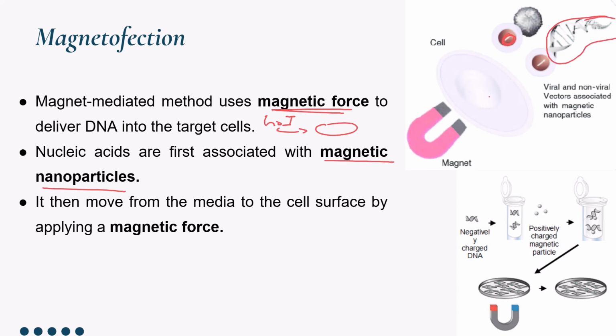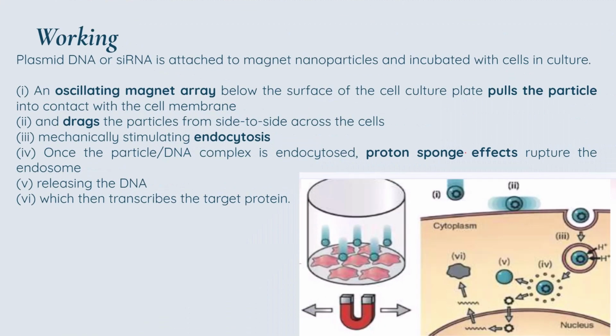Then we will keep the cells on a surface, and below that we will give the magnetic field, and the magnetic nanoparticle will be accelerated into the cells due to the magnetic field that is applied beneath it, right? So let's move into the working.